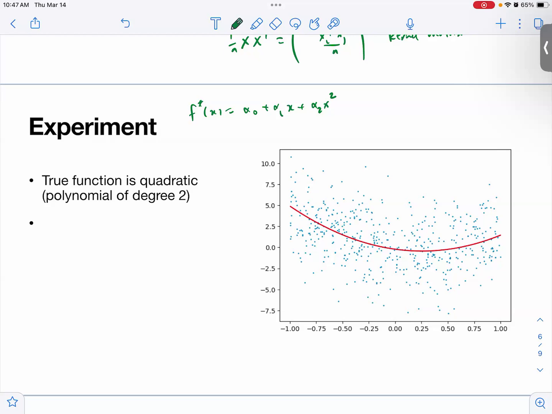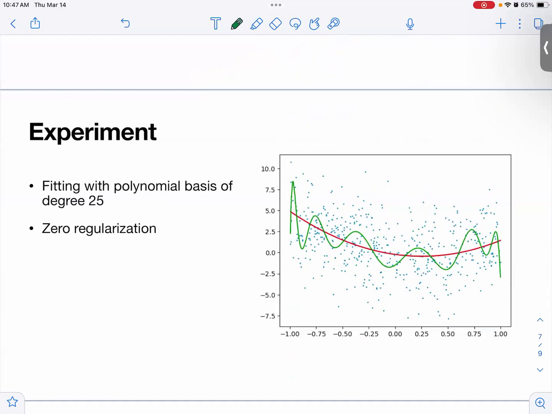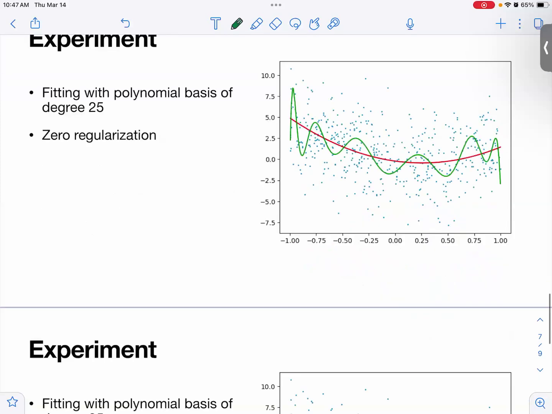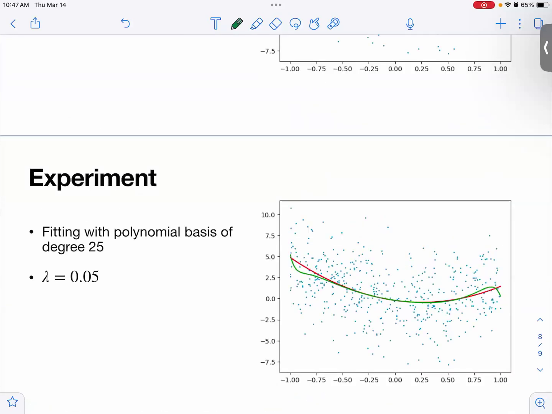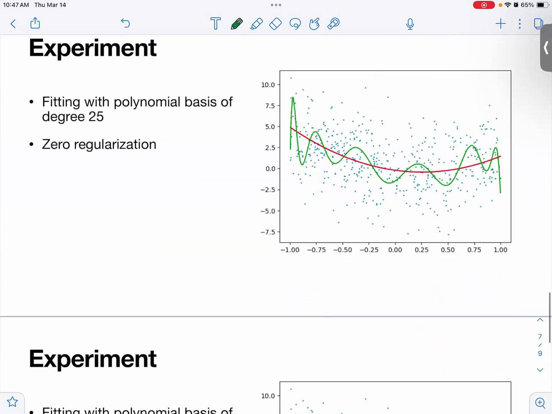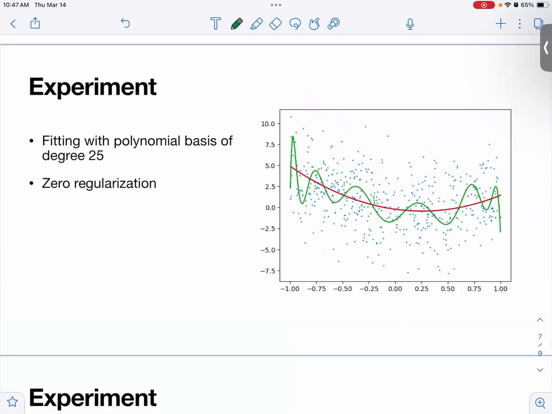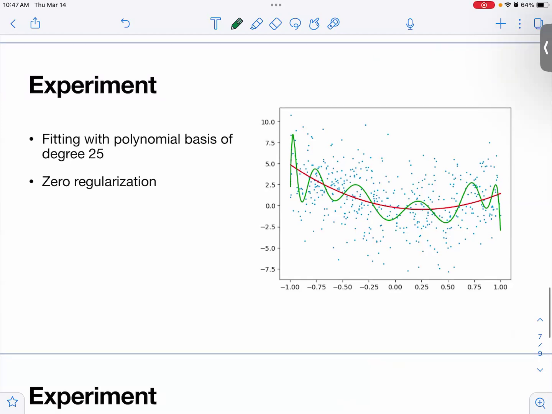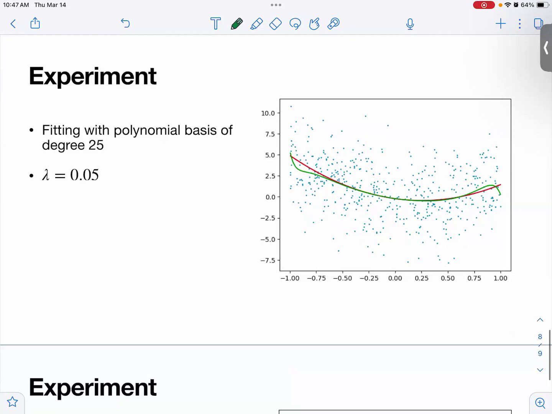If I fit a degree 25 polynomial with 0 regularization, we get that green curve. And if I do, for example, regularization 0.05, I get this other green curve. So a limited regularization allows you to, although you're fitting a degree 25 polynomial, avoid fitting the noise, not necessarily the function, and a little bit of regularization allows you to do a good job.